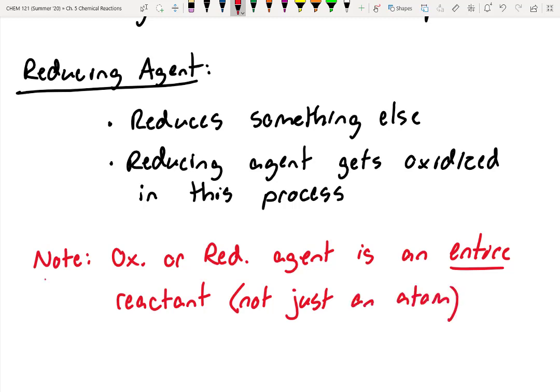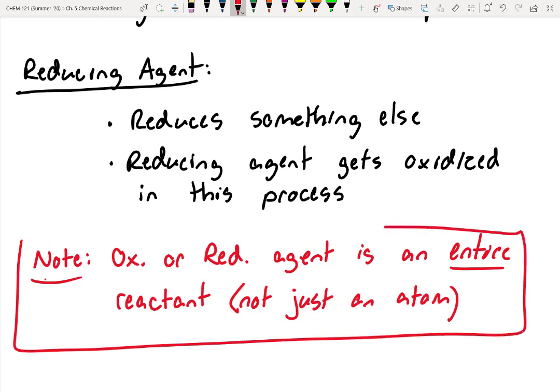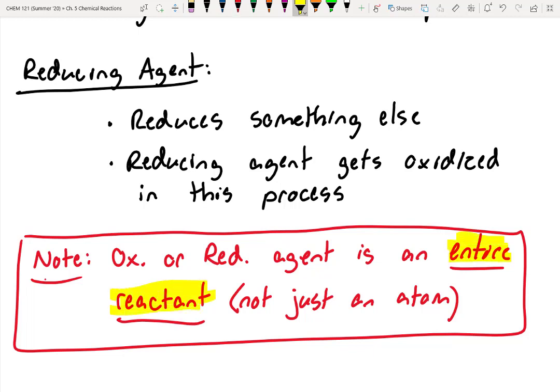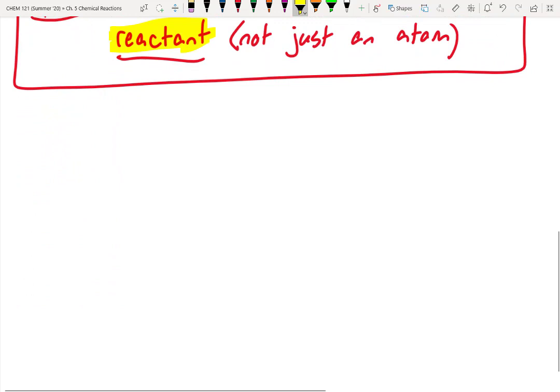We'll go over this with our practice, but this is something that always throws people off: we have to think about the entire reactant as being an oxidizing agent or a reducing agent. We don't just cherry pick one atom out of it. So let's go ahead and take some examples.